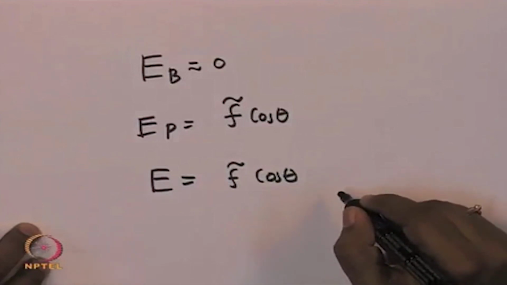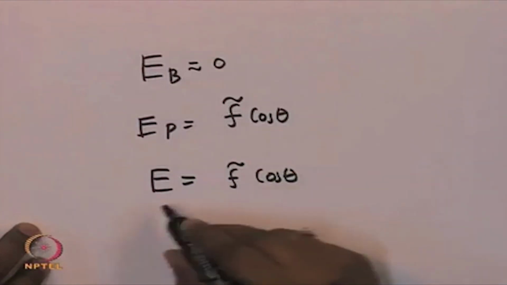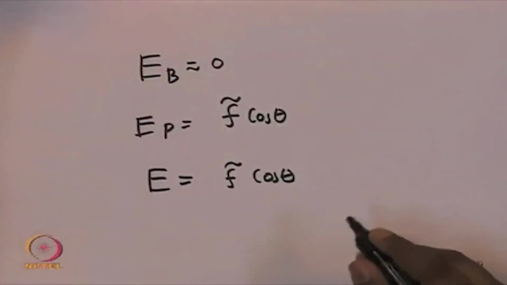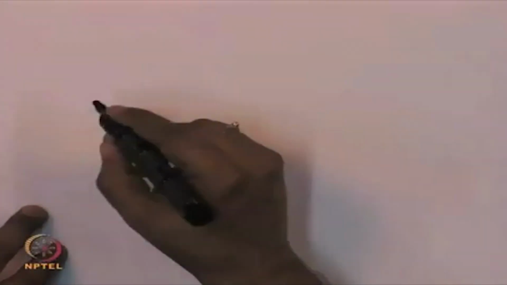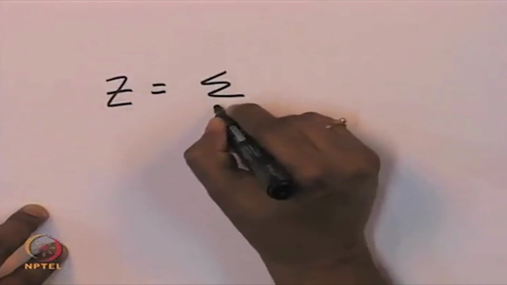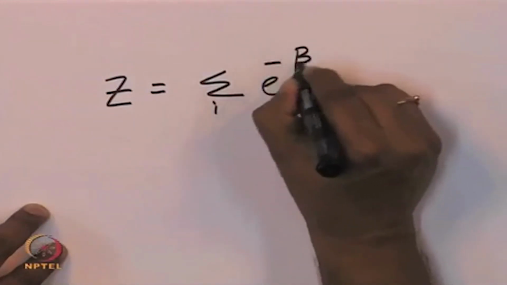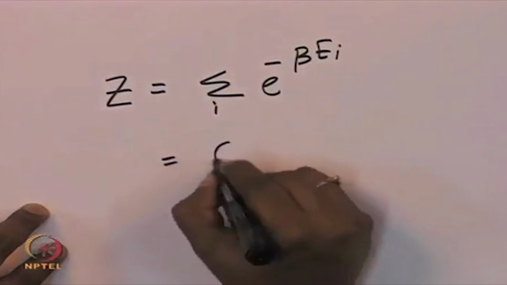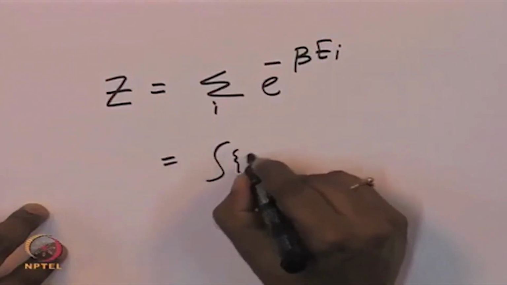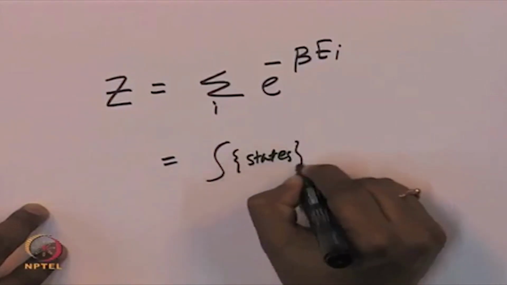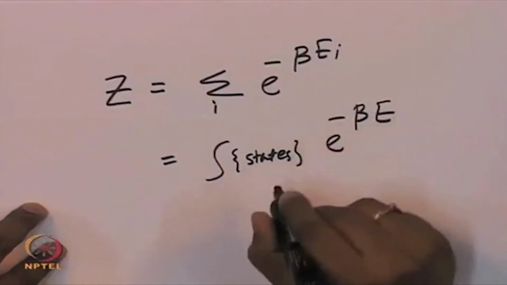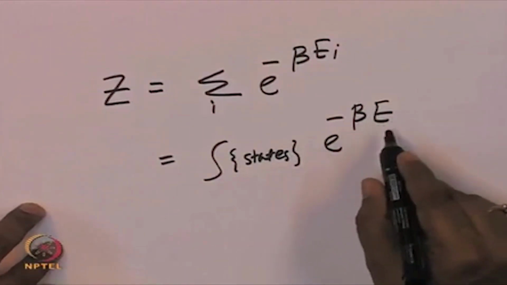Okay, now let us write down the partition function. We said that the partition function Z is the sum over i of e to the power minus beta E_i, or this is the integral over all possible states of e to the power minus beta E. Now, E is F tilde cos theta.